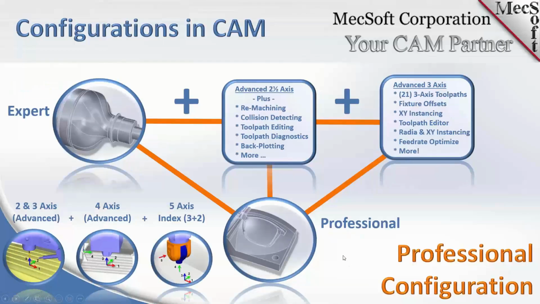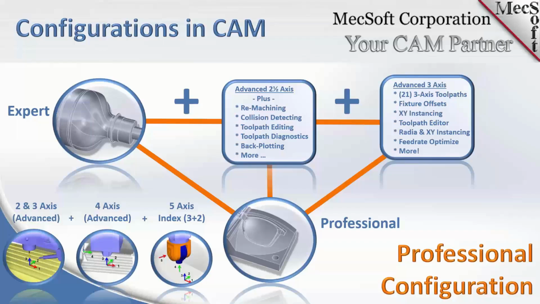We've upgraded now to Professional. This is my favorite configuration because it has our advanced set of 3-axis toolpath operations. As you can see in the product here, in the Professional bubble, you're seeing a relatively complex mold insert.